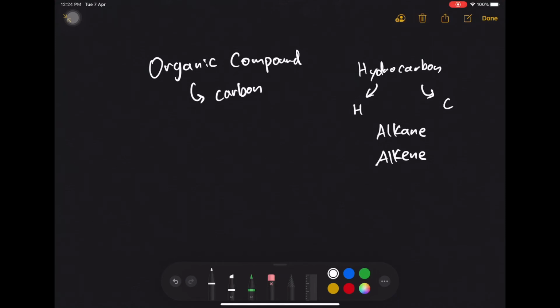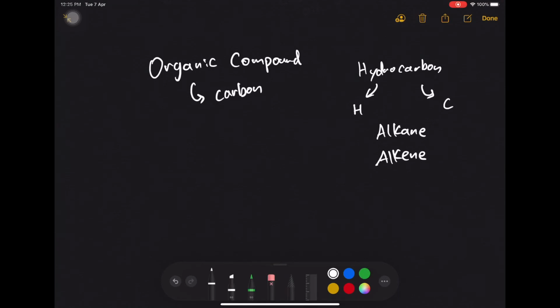Okay, so what is a homologous series? A homologous series is a family of organic compounds with similar chemical properties, the same functional group, the same general formula, but slightly different physical properties. I'm going to go into that in a while. The first thing to take note of is that for alkanes, we have methane, ethane, and propane, and they are known as a homologous series.